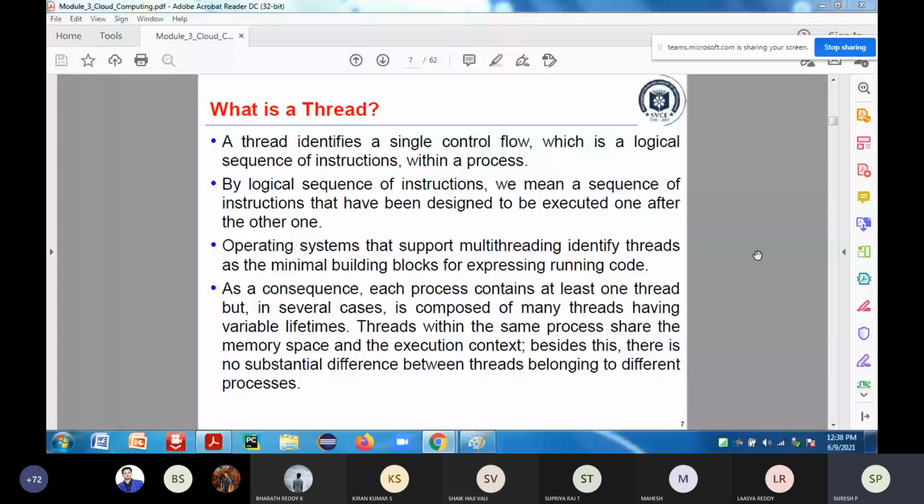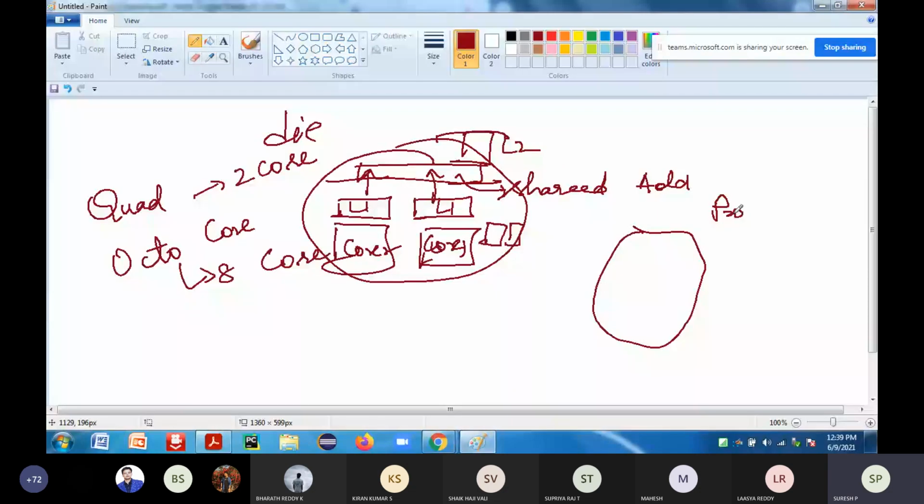A process may have a data segment, a code segment, a stack segment, and a heap. In the heap, it is going to store the dynamically allocated memory.